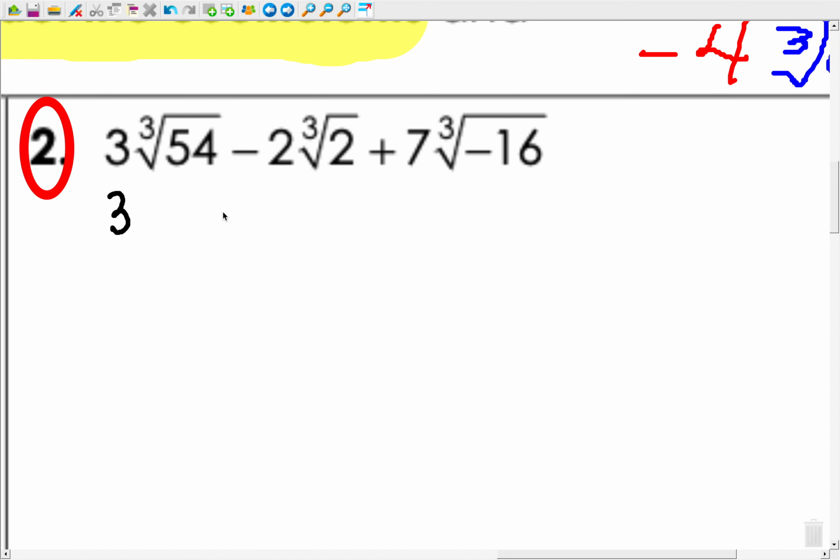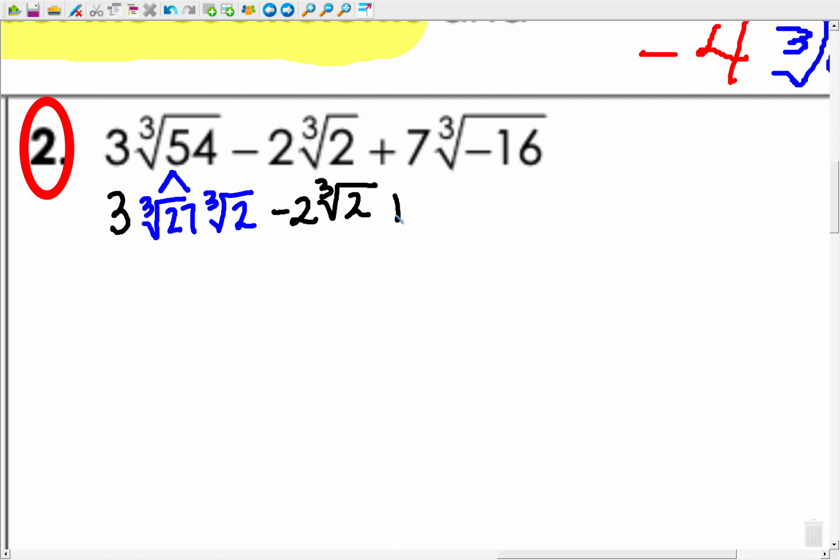Now I know I need to split this. This will now become the cube root of 27 times the cube root of 2, and that came from me splitting apart the 54. Now I want you to bring down the negative 2 and then times the cube root of 2. I cannot do anything with this. There's nothing I can split apart in that radical.